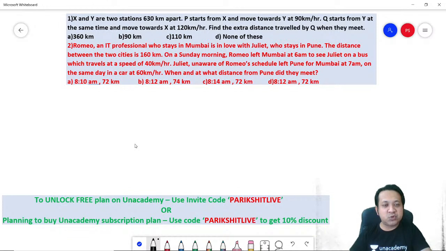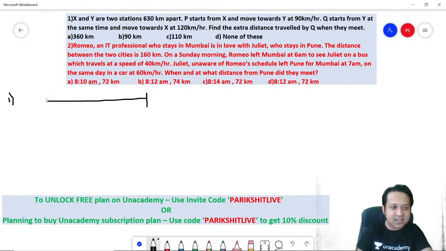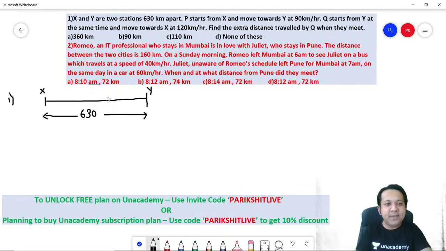X and Y are two stations 630 kilometers apart. Let's draw it. It will help you to visualize. P starts from X and moves towards Y at 90 kilometers per hour.